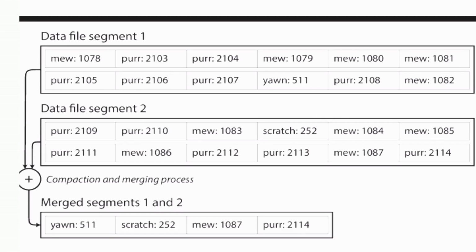Merge is essentially to see what are the duplicates here. If there are duplicates, fetch the latest value and put it into one compacted file. Correct? So now two files get reduced to one, and all this duplicate space is now removed, and you have free space on your disk. Right? So compaction and merging.